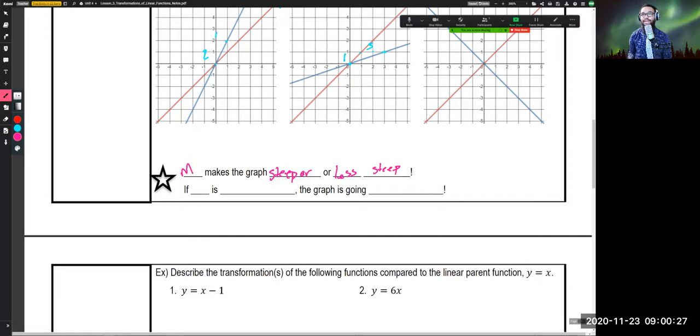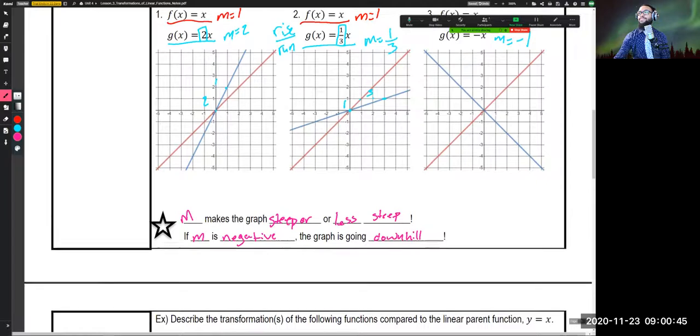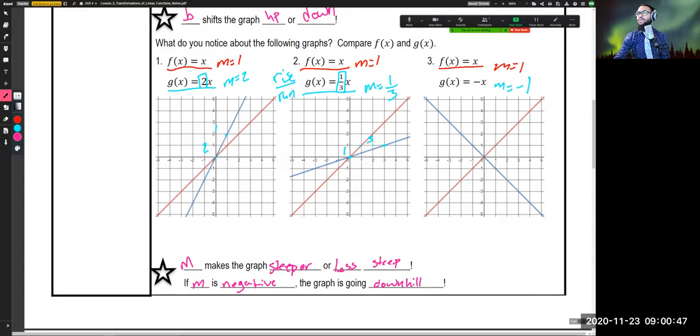If m is negative, like we saw in that third example, the graph is going downhill. If you look at this number 3 again, first the graph is going uphill. It's rising, it's positive, it's going up from left to right. But when we look at our transformed function, it's going downhill. It's negative. It's going down from left to right.